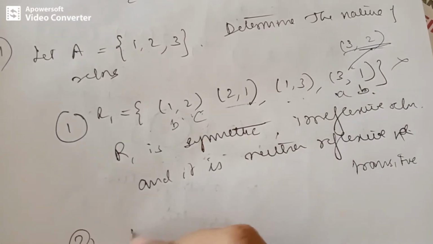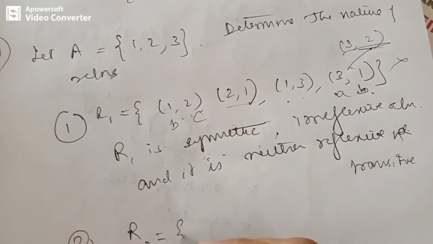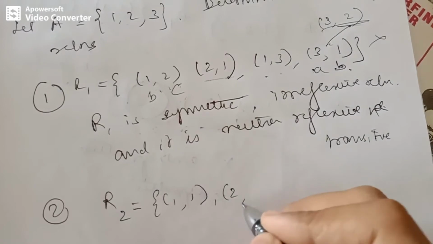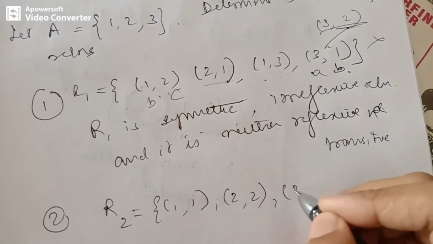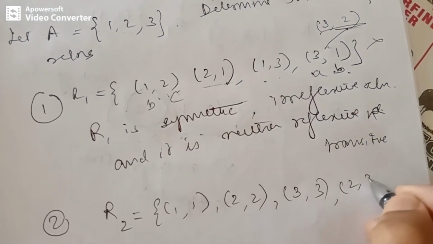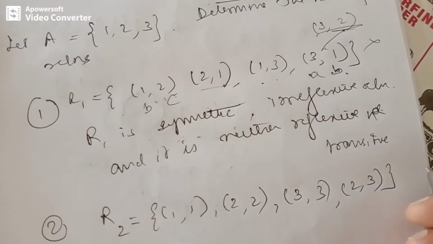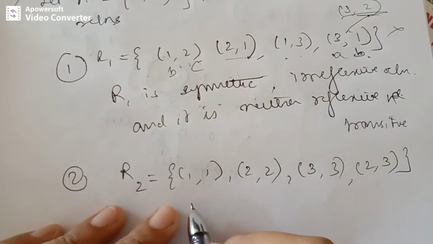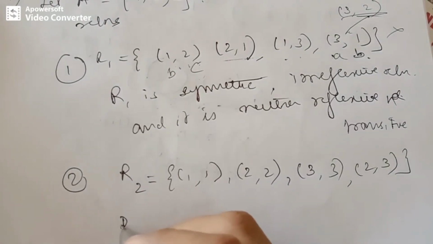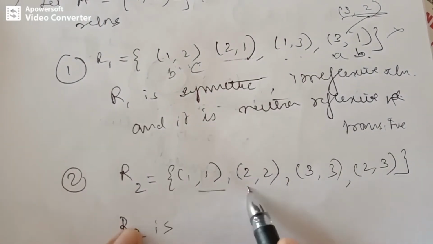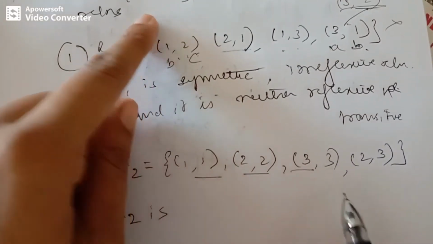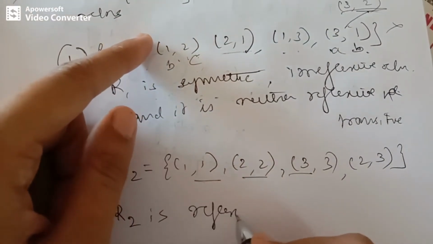Let me take another question wherein you are given these pairs. R2 is (1, 1), (2, 2), (3, 3), and then (2, 3). Whether this relation R2 is a reflexive relation, or check the other properties. Each element is related to itself in the set 1 to 3, so it is clearly a reflexive relation.